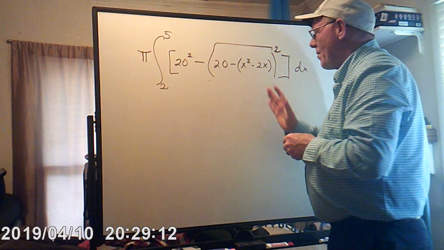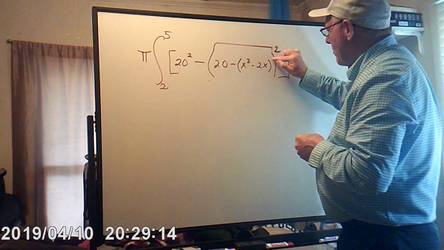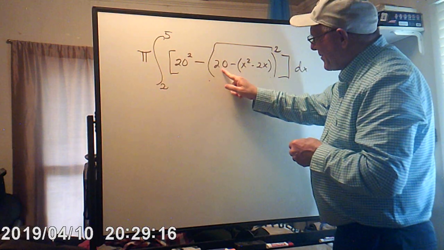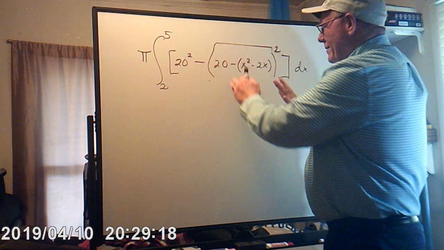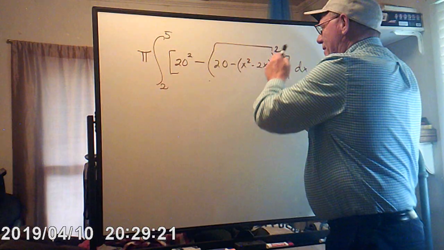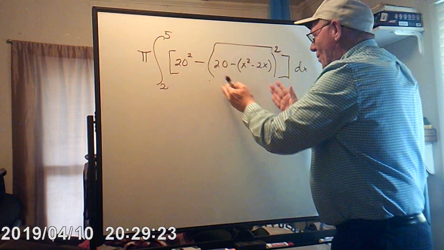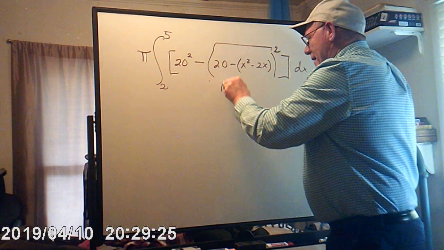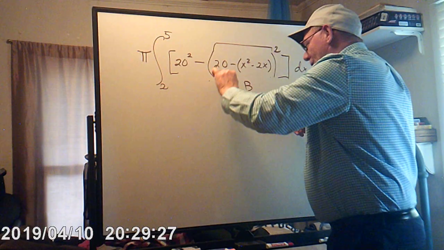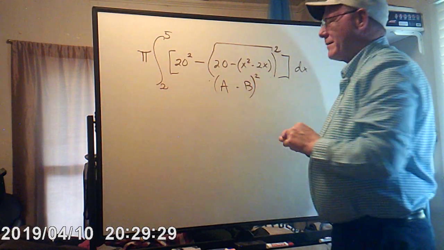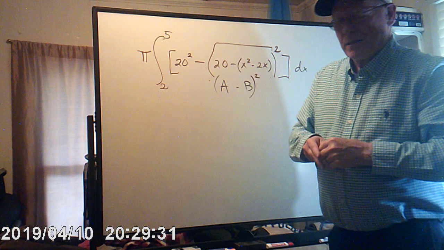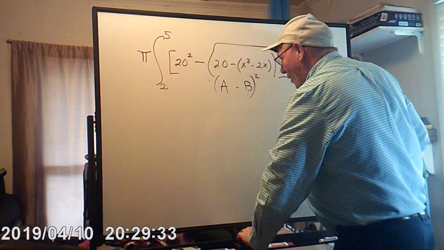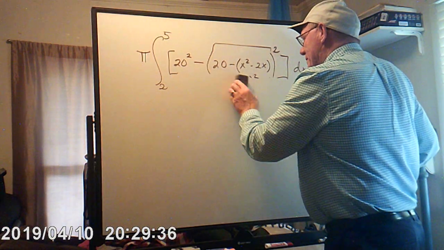So many students want to square right here when they forgot to square the 20. You can't do that either. You can't just square that and square that. You've got to square the whole thing. It's like a minus b, the whole thing squared.